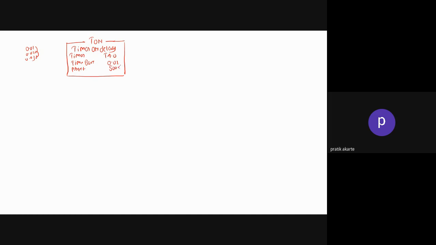So what does it mean? If it is an on delay timer, and I supply the input, your timer starts timing. It will increase by the time base, 0.01, 0.02, 0.03, and it will reach up to the preset value of 500 seconds.